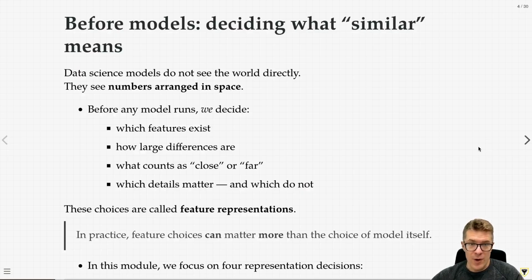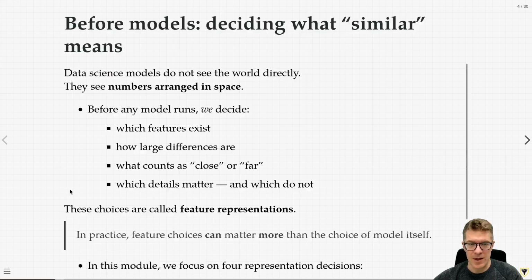So before we have a model make predictions about customers who might buy things or patients who might have diseases, we need to figure out which features actually exist in the first case, how large the differences are, and what large actually even means. Right? So what counts as these two data points are close to each other, these two are far from each other, maybe there's a third category, kind of mediumly far.